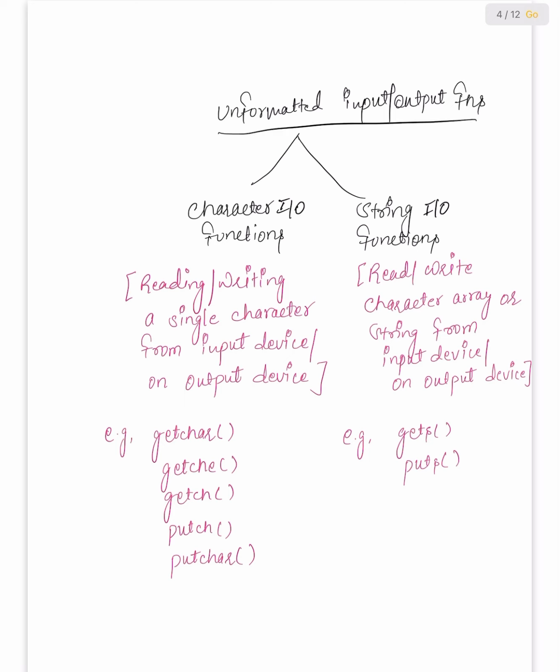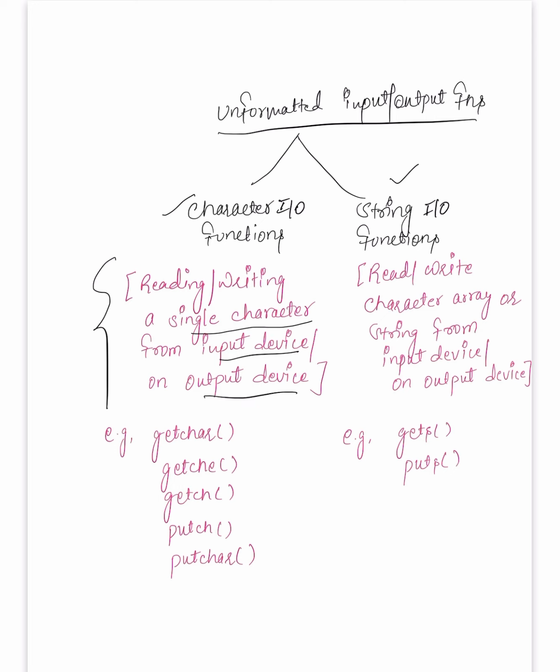Unformatted input output functions are divided into two types: first is the character input output function, and second is the string input output function. Character input output functions are used for reading or writing a single character at a time from the input device or on the output device.